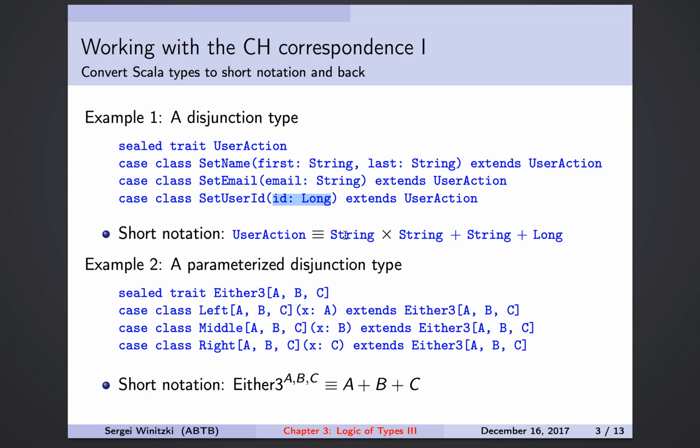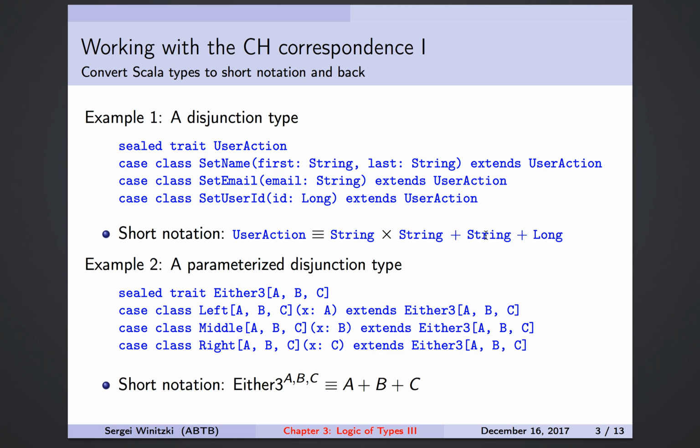The short notation for this type is this. You see, all the names are stripped, they are omitted. So user action, set name, set email, first, last, and so on. All of that is omitted from the short notation. Only the bare types are shown.